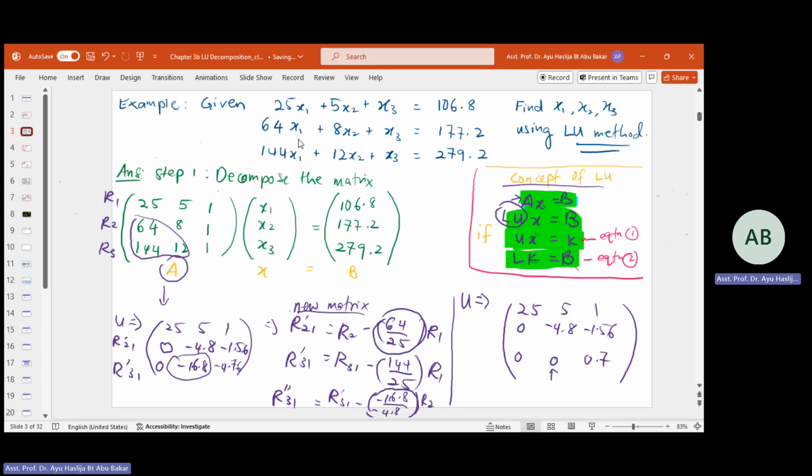This is the given question. First step is to convert it into a matrix, then decompose it into L and U. The U matrix, find it using the Gauss elimination method.